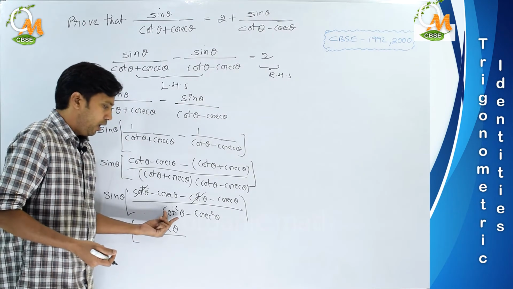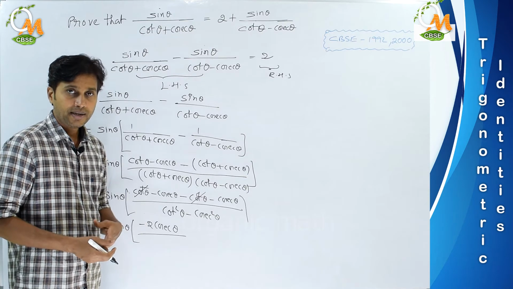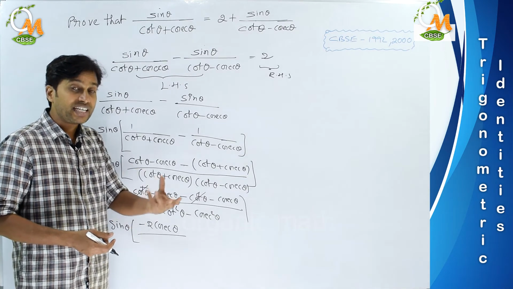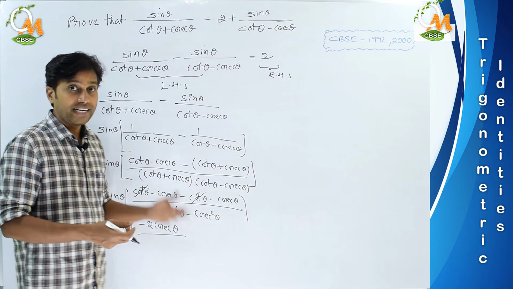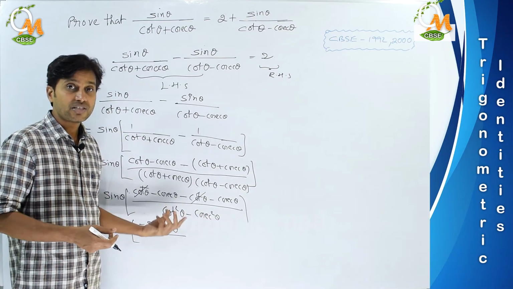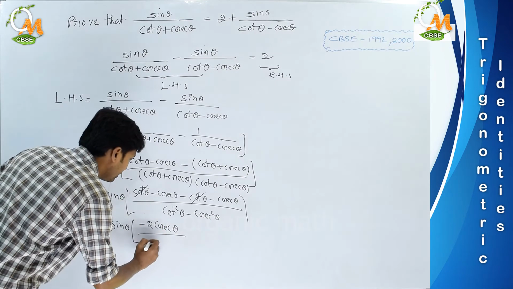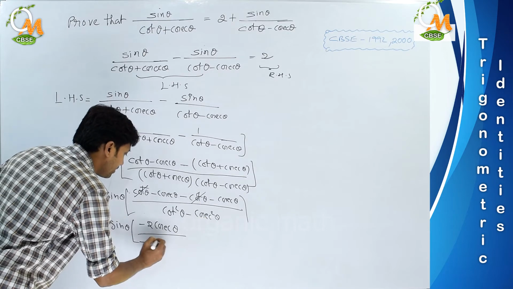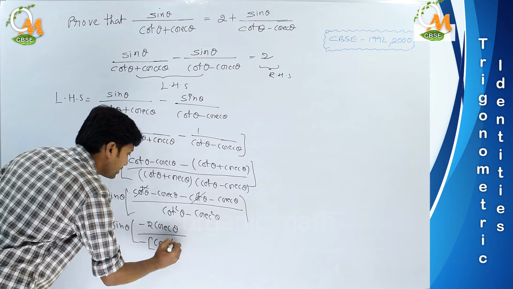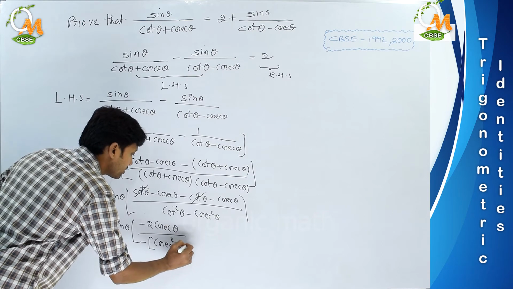Here we obtained cot square theta minus cosecant square theta, but actually cosecant square theta minus cot square theta equals 1. So in order to obtain cosecant square theta minus cot square theta in the lower part, we need to take common minus, then the symbols change: minus cosecant square theta becomes plus cosecant square theta and plus cot square theta becomes minus cot square theta.